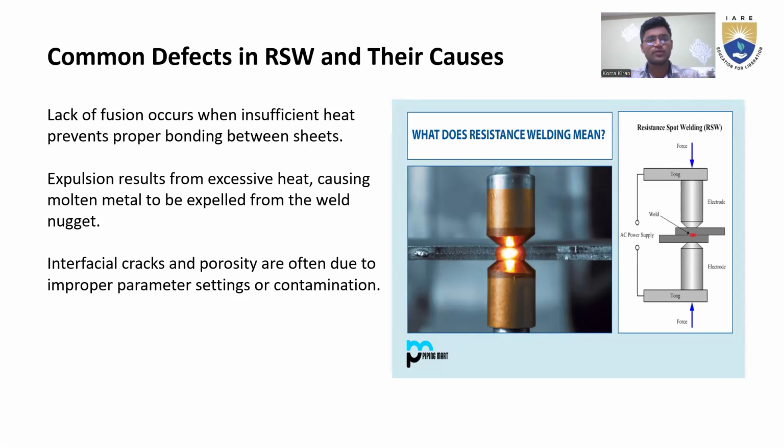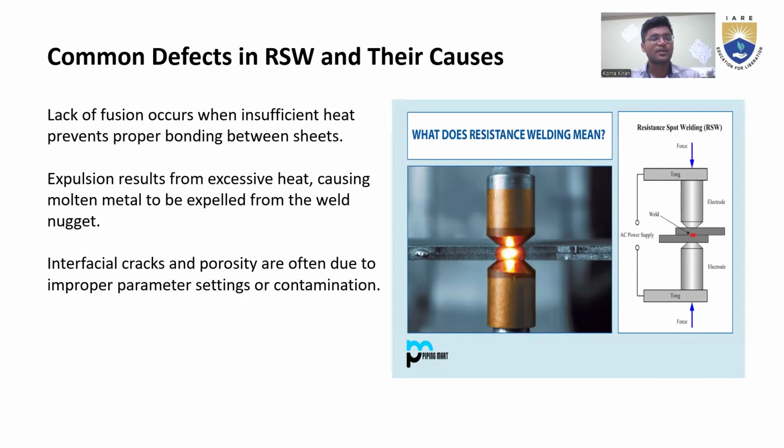Common defects in RSW and their causes. What are the defects in RSW? Lack of fusion occurs when insufficient heat prevents proper bonding between sheets. While applying heat, we need to apply sufficient heat between the metals, because if the heat is insufficient, the metals can't be joined properly and it forms a defect.